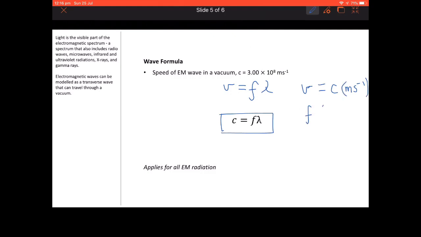Frequency, hopefully you remember, is measured in hertz, and wavelength is measured in meters. And this applies for all electromagnetic radiation.